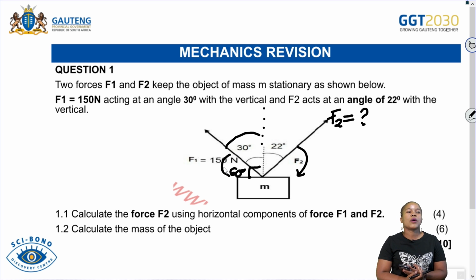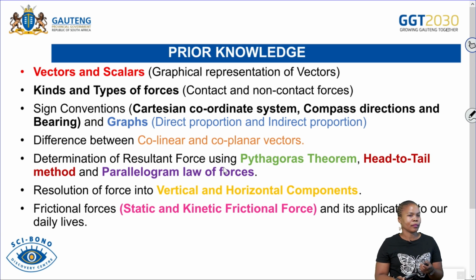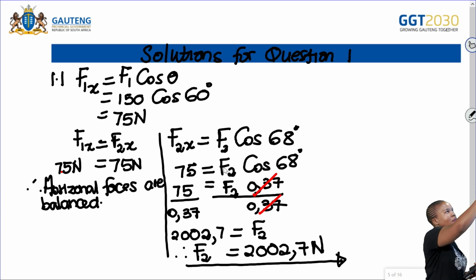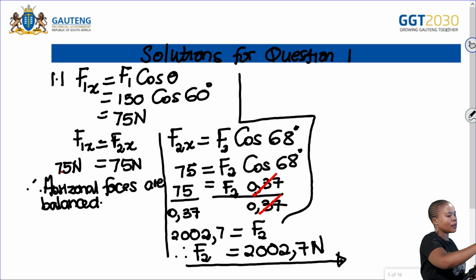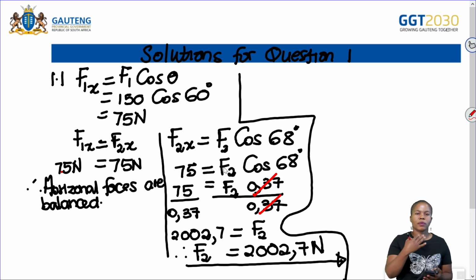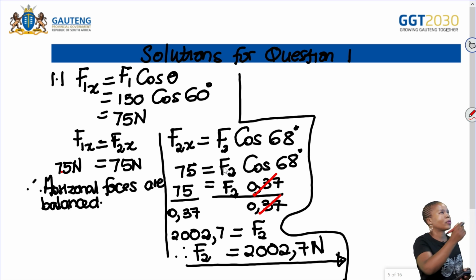Now calculate the mass of the object. Remember, this mass is hanging, so it's moving along the vertical, right? Let me use a different pen so that you are able to separate 1.1 from 1.2.